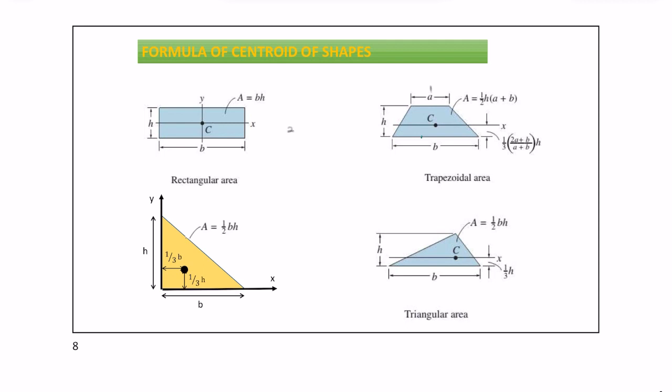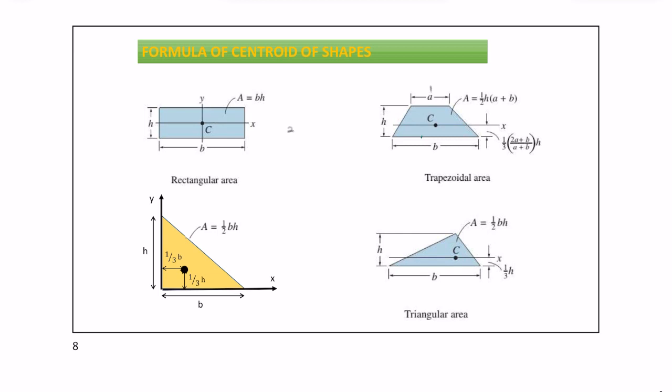First, the rectangle shape. To calculate the area, A equals B times H. And to calculate the centroid, if the reference point, which is point P, is at the center here, the distance to the y-axis will be 0 and the distance to the x-axis will be 0 too.